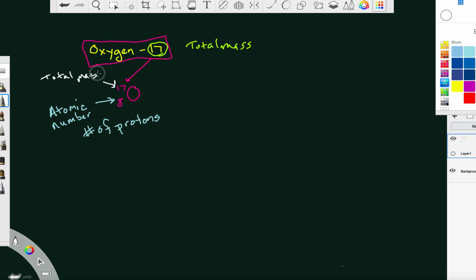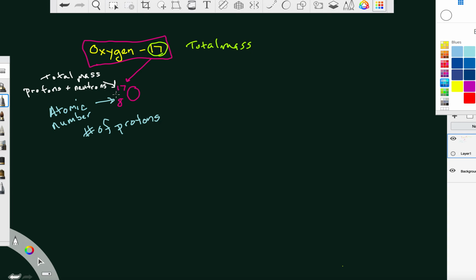The total mass is the protons plus the neutrons. All right, so that has the total mass.